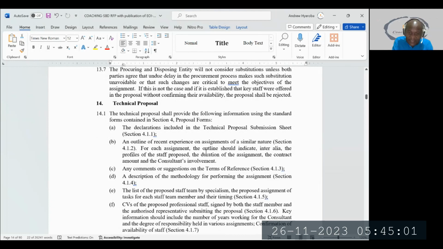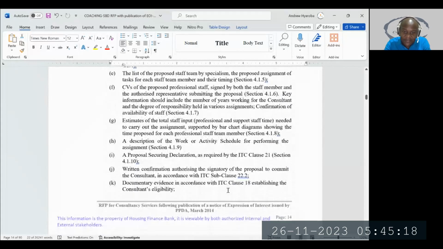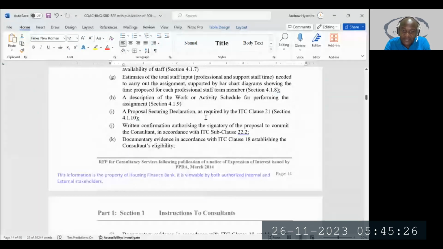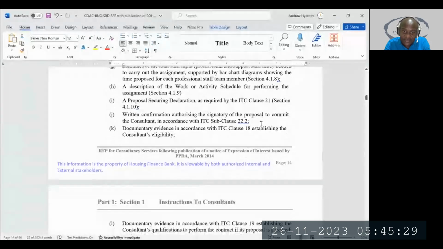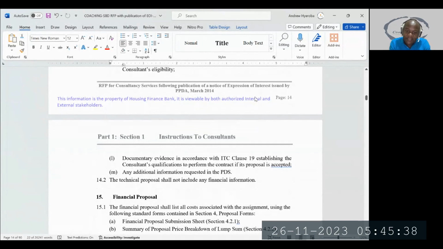There is a form for declaration, there is an outline of recent experience, there are comments and suggestions on TORs, there is the description of the methodology, then there is a list of proposed staff by specialization, and then there are CVs, then the estimated staff input, and then an activity schedule, then a proposal securing declaration, and then the written confirmation authorizing the signatory of the proposal to commit the consultant, and then evidence according to the clause of our eligibility, and then evidence establishing our qualifications to perform the contract if accepted.